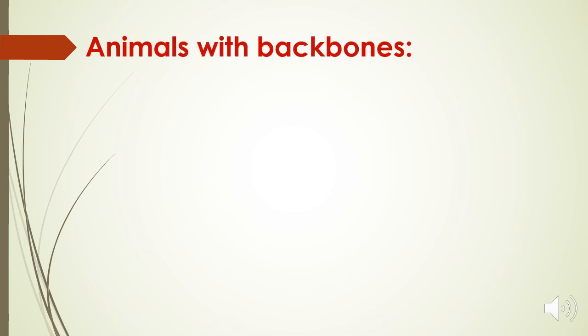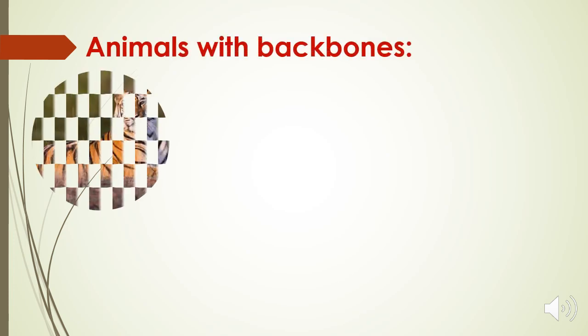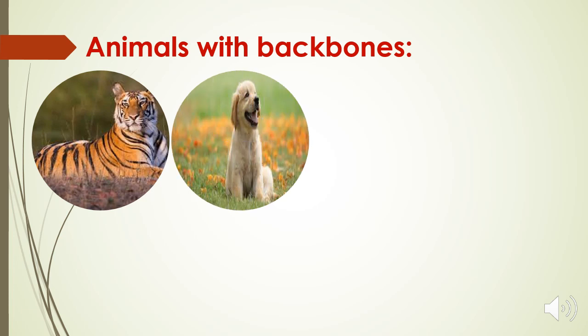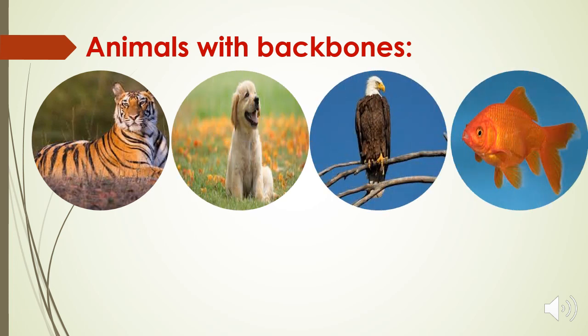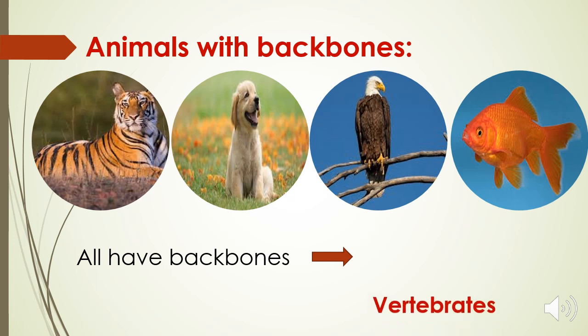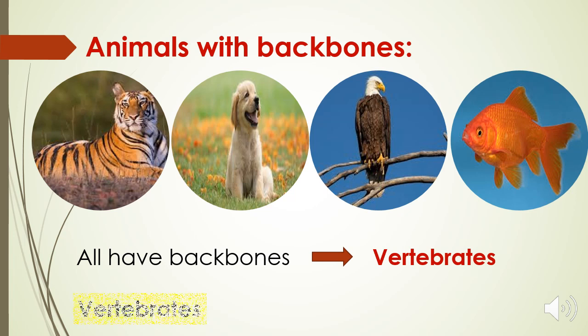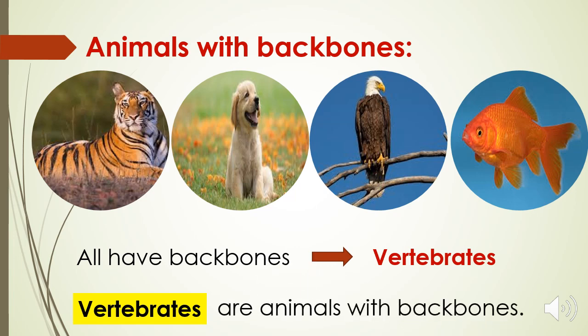So the animals with backbones like tiger, dog, eagle, and fish. All of these animals have backbones. So we call them vertebrates. So the animals with backbones, we call them vertebrates. Vertebrates are animals with backbones.